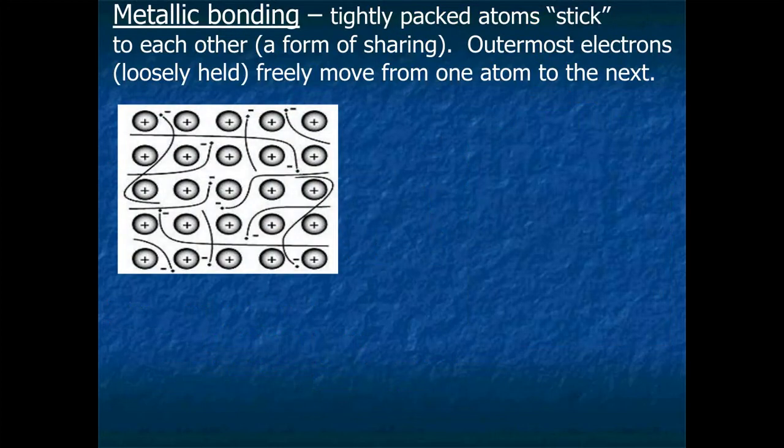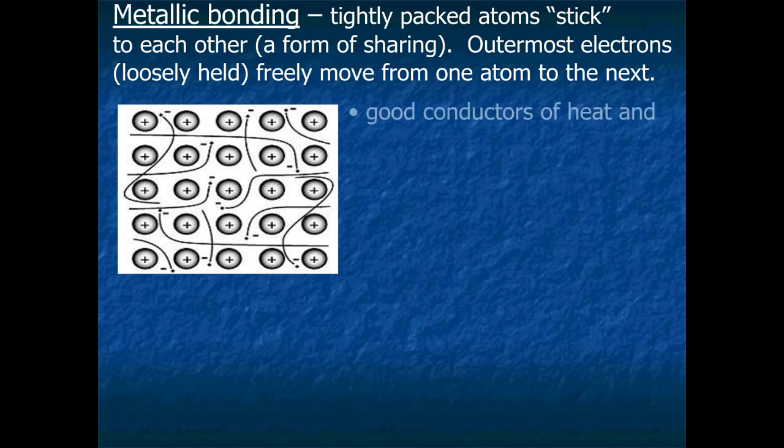So in my diagram, I'm showing you a series of tightly packed cations, and these cations are metal ions. And you can see that we have electrons that are freely moving from one cation to the next cation. And this freely moving electron then allows the characteristics or the properties described as a metal.